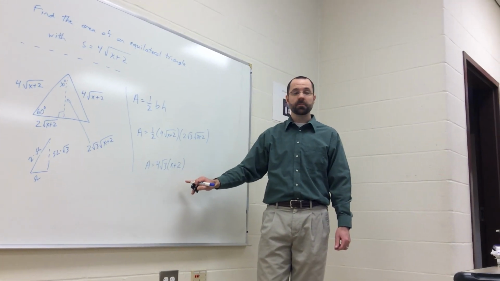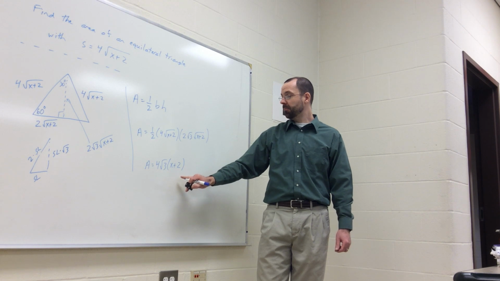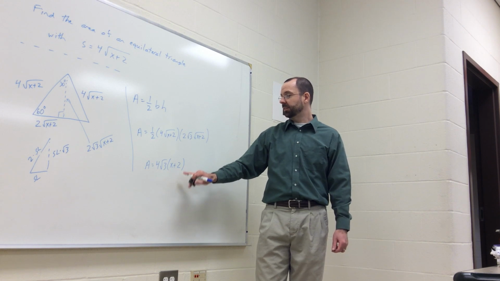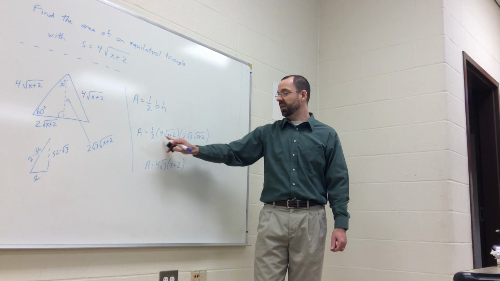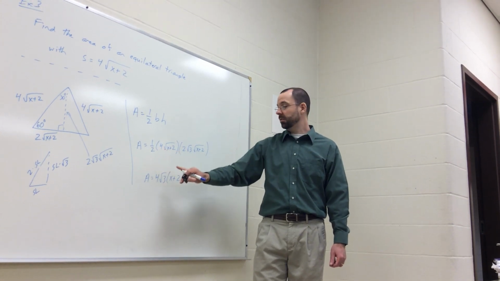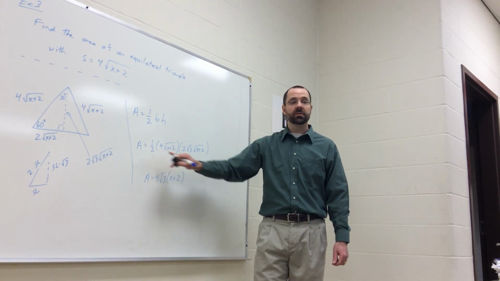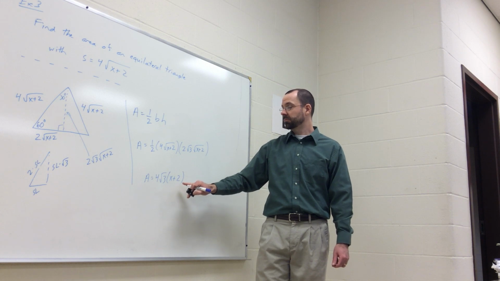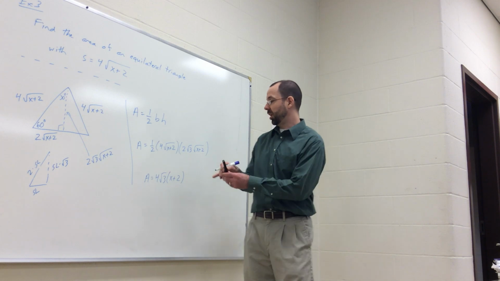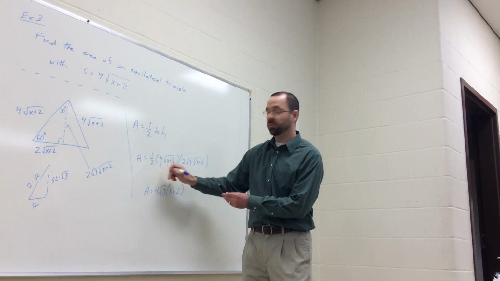Yes? Wouldn't it be 2 square root of x plus 2? No, this 2 times that 4 is 8. Times that half is 4, like instead of 4 square root of x plus 2. Isn't that the hypotenuse? I see. You're thinking this should be a 2.